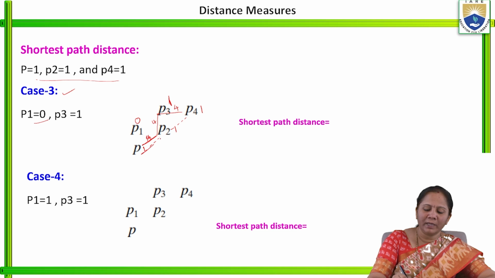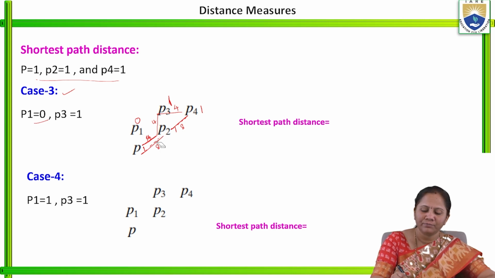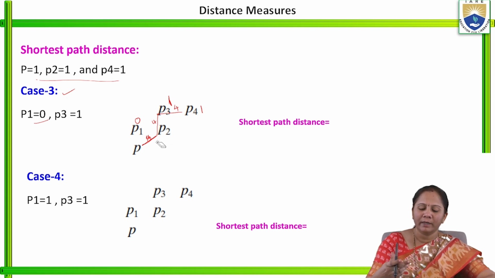But if you compare this path, this is 8 adjacent and this is also 8 adjacent from P to P4. So if there are many paths available like this, as I already told, we have to consider 4 adjacent only and we should not have here 8 adjacent. So this path should be eliminated and this is the path we have to consider.